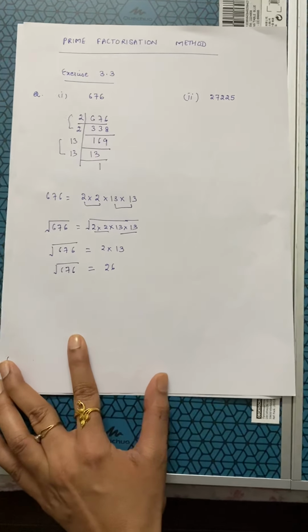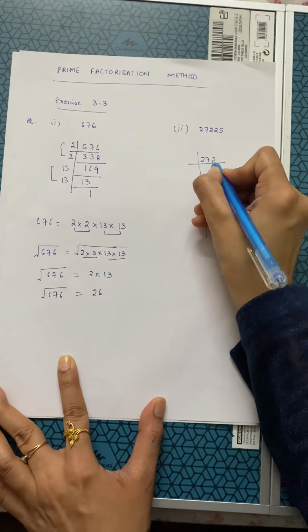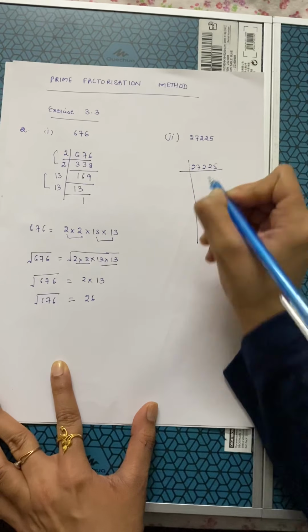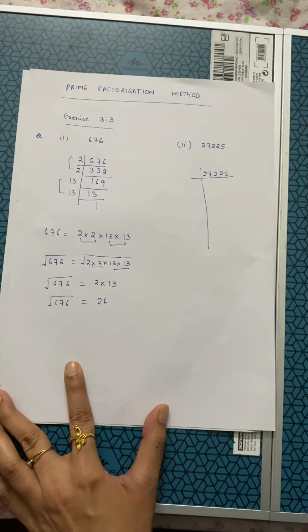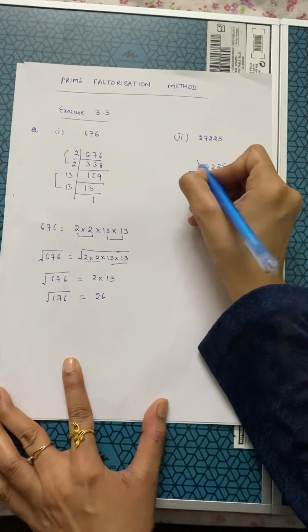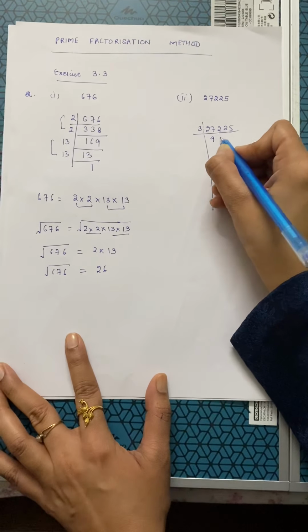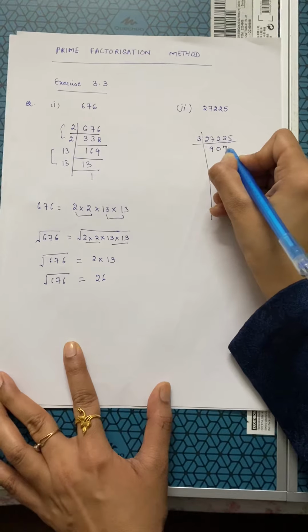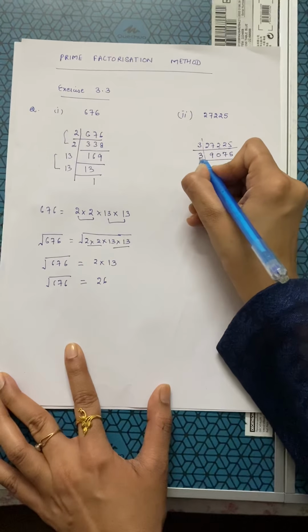Let us take one more example here. This is 27225. So let's divide this number. We'll start dividing this number by 3 first. It will be 9075. Again this number is divisible by 3.